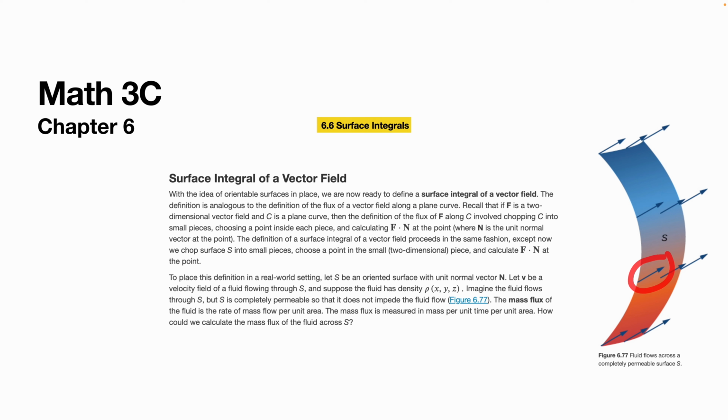This doesn't look like it's normal to the surface, and these clearly are not normal to the surface. We want to think of those vectors as a representation of the vector field f vec. And then we want to think of that vector field as representing the velocity of a fluid flowing.